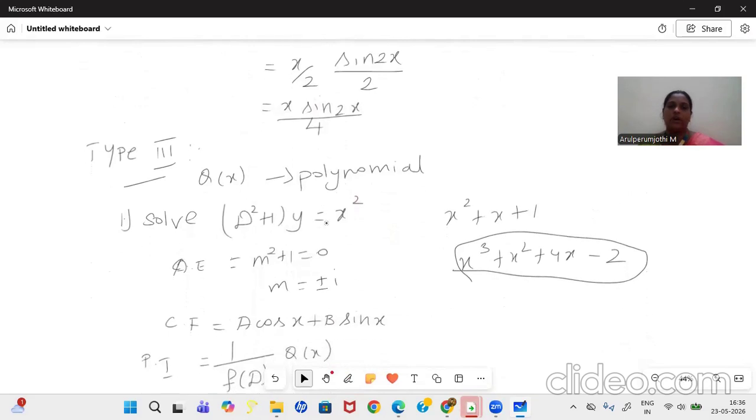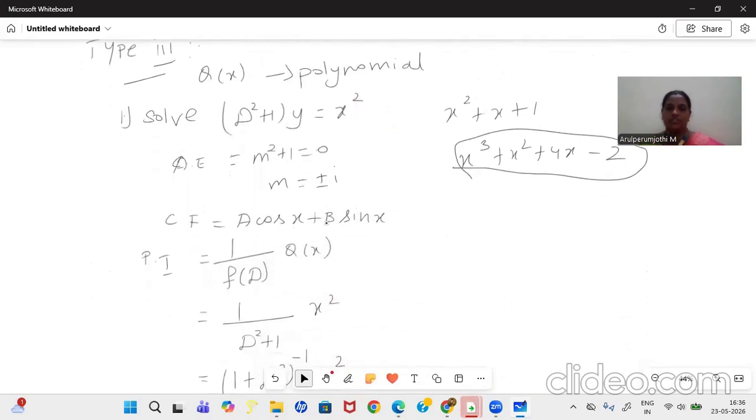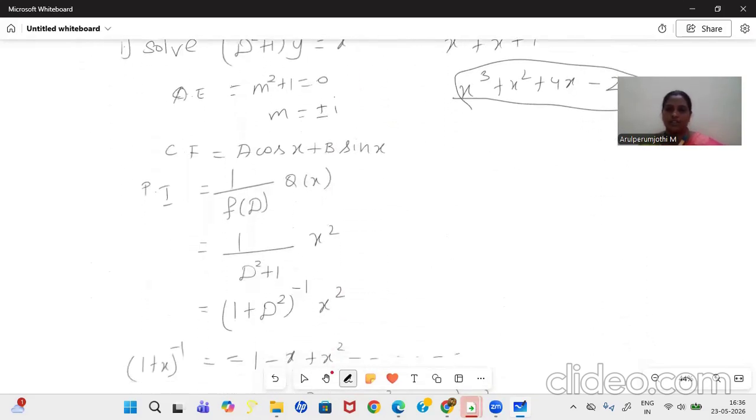For this type, you have to use binomial expansions. There are many binomial expansions: (1 plus x) to the power minus 1, and then (1 minus x) to the power minus 1, and also (1 plus x) to the power minus 2, (1 minus x) to the power minus 2, and so on.